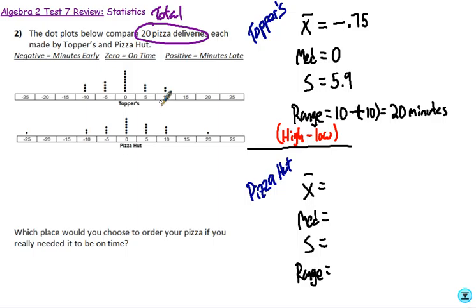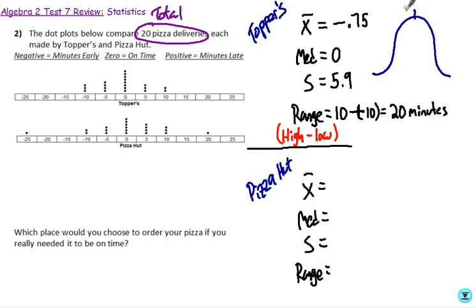All right, so let's look at Toppers. Let's draw our curve again, because we want to say, well, most of the time they were in between what and what. So that's what we want to try to figure out.